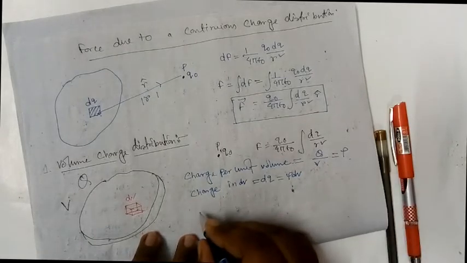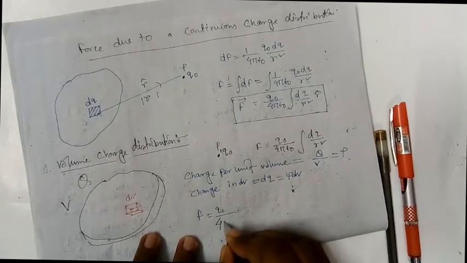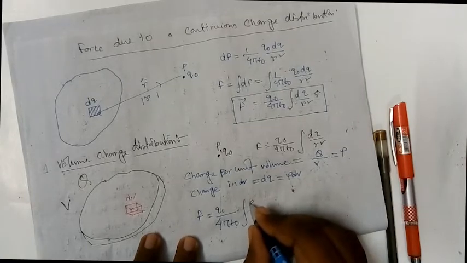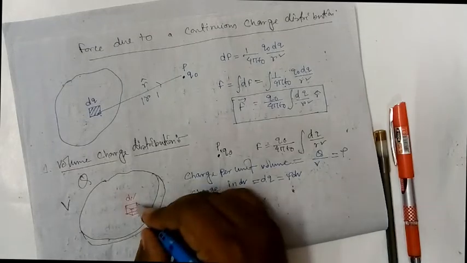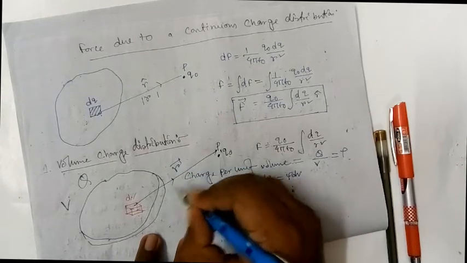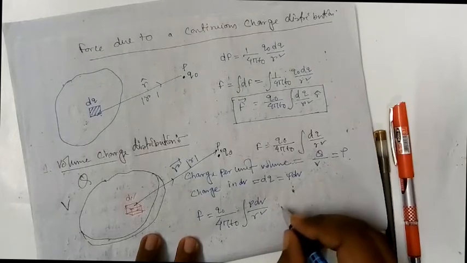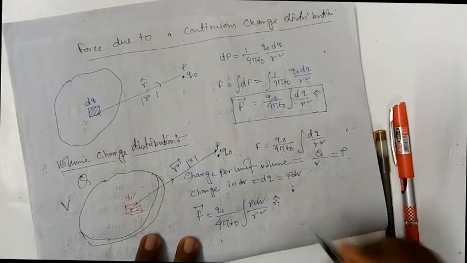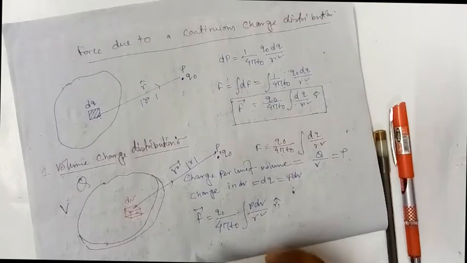Force equals q naught by 4 pi epsilon naught, integration of rho dV by r square. We have already assumed that this distance is r, whose magnitude is r, acting in this direction. If I want to write it in vector form, it should be r cap. So if a charge is distributed in a volume, we can find the force this way.